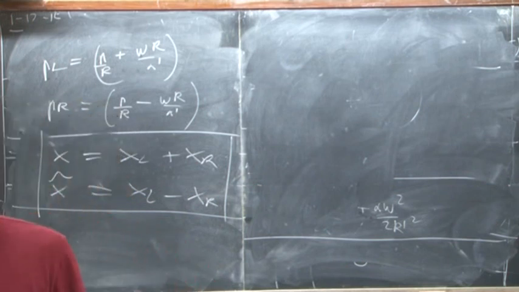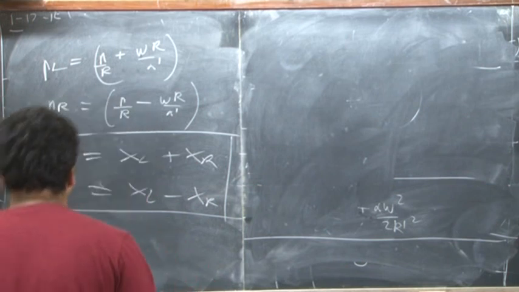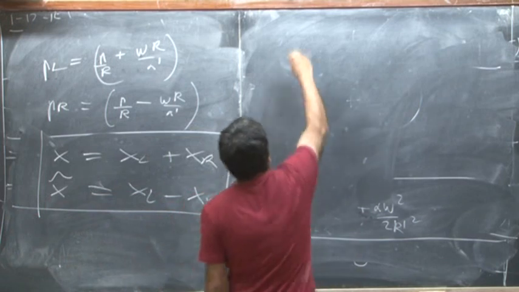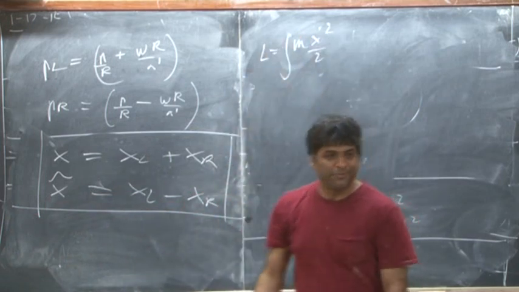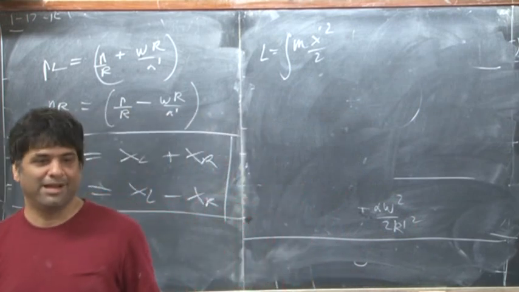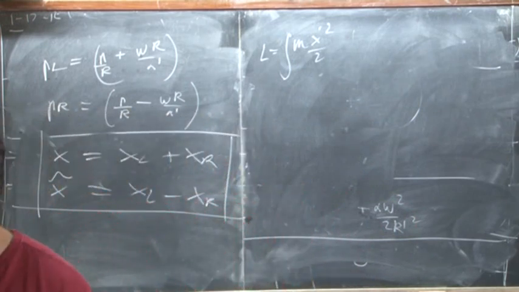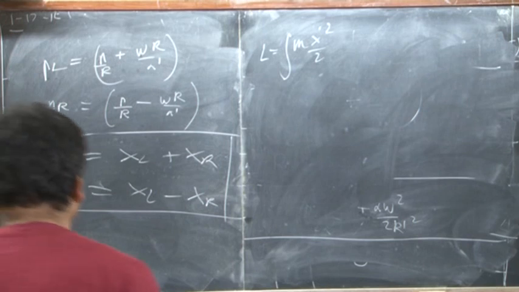non-relativistic quantum mechanics, with Lagrangian m x dot squared by 2, when x is periodically identified.